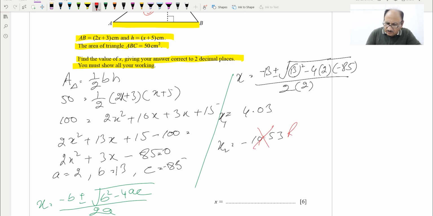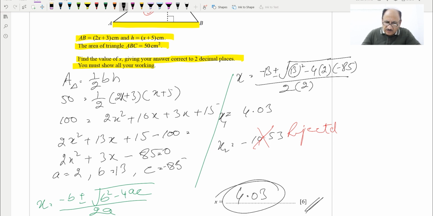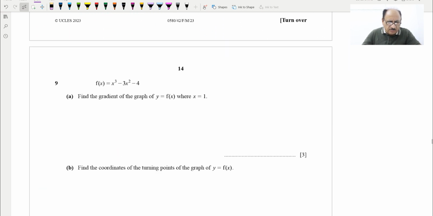We can write here rejected, and our answer will be, they're saying up to 2 decimal places, so 4.03 will be our final answer, and this is for 6 marks. This will be centimeters.